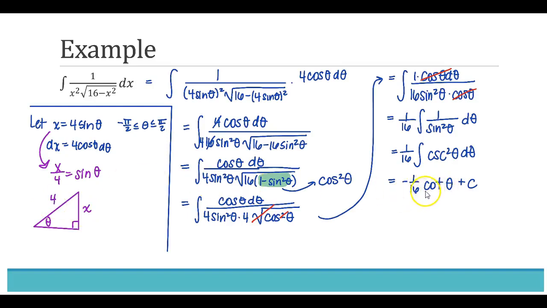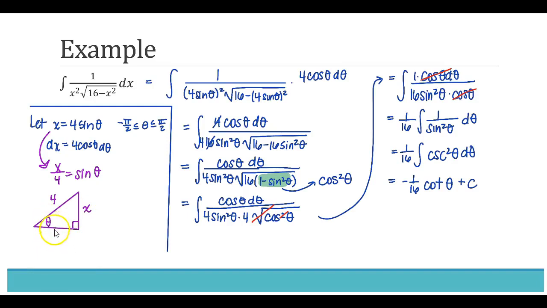Well, I want cotangent of theta. So cotangent is adjacent over opposite, because tangent is opposite over adjacent, so cotangent is adjacent over opposite. So I'm going to need this adjacent side right here, the adjacent side to theta.